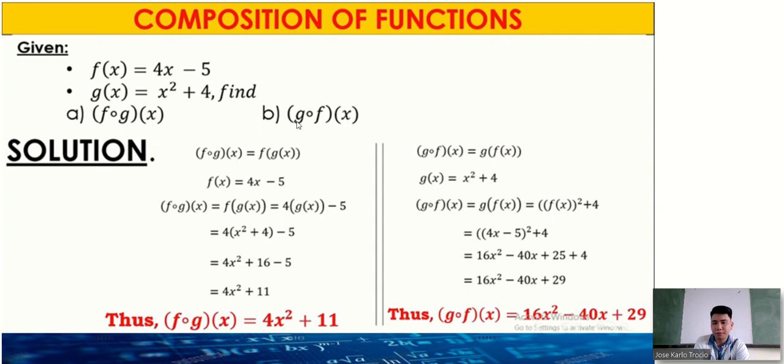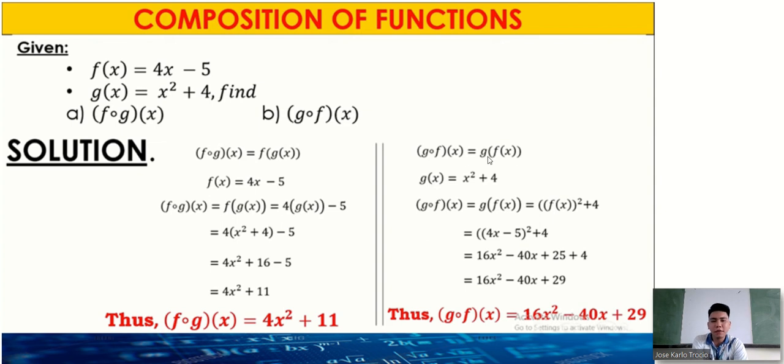What if you are going to do it inverse, or let's say vice versa? g now is our output range and f is our input. So the same process, we are just going to use g of x now as our output range, which is x squared plus 4, and then substitute f of x, which is 4x minus 5, in this term, where we only have one x.